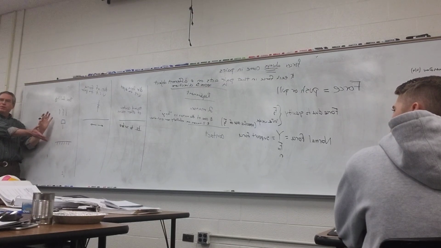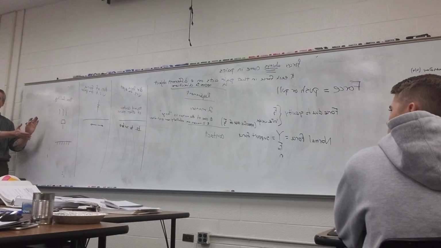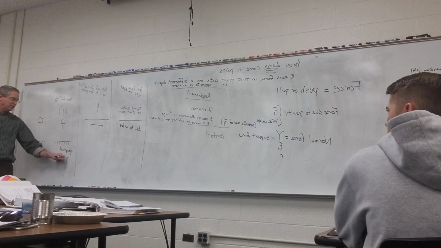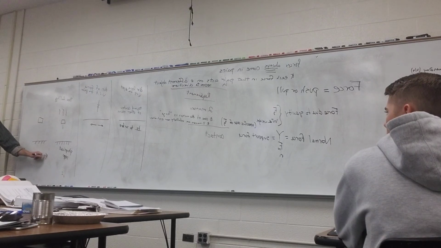Now it might seem ridiculous here, but it makes more sense the farther we go. I'm going to redraw these two objects so I can draw my arrows. So this is the physical representation, and this is where I'm gonna do my force diagram.